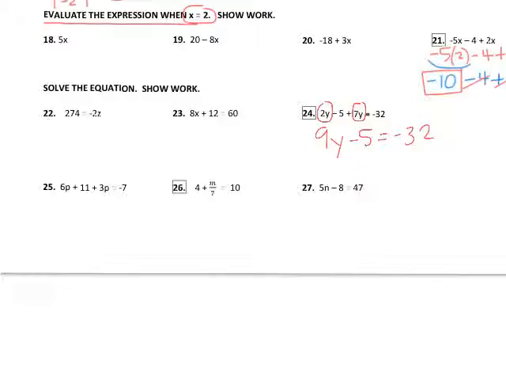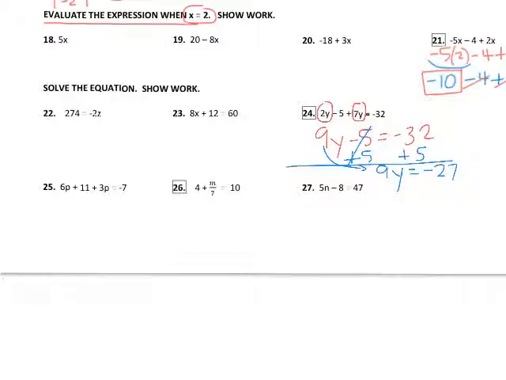And in order to get the variable term by itself, I'm going to get rid of this other term. And getting rid of that term just means doing the opposite operation. This is a negative 5, therefore I have to add 5. I have 9y left. And over here I'm going to have negative 27.